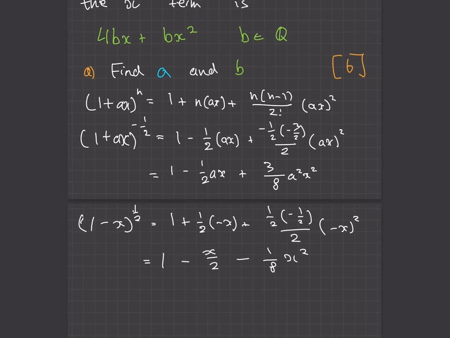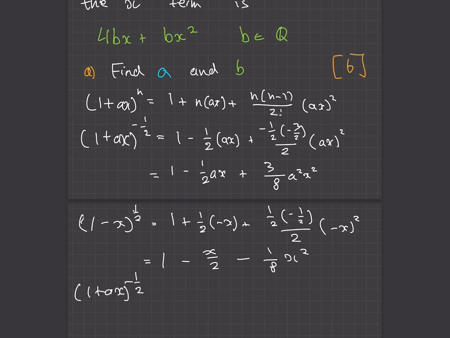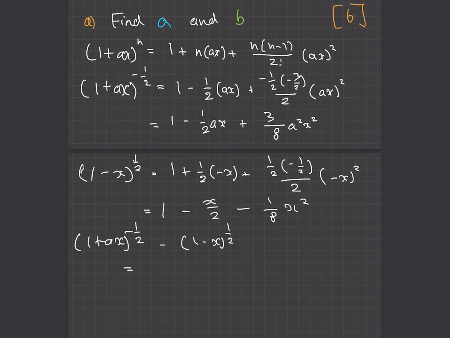So these are our two binomial expansions. Now we have to subtract them. So that means that 1 plus ax to the minus 1/2, minus 1 minus x to the 1/2, equals 1 minus 1/2 ax plus 3 over 8 a squared x squared.